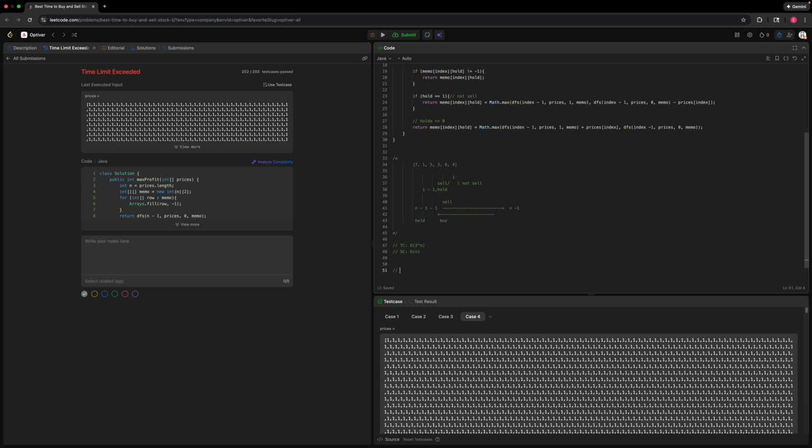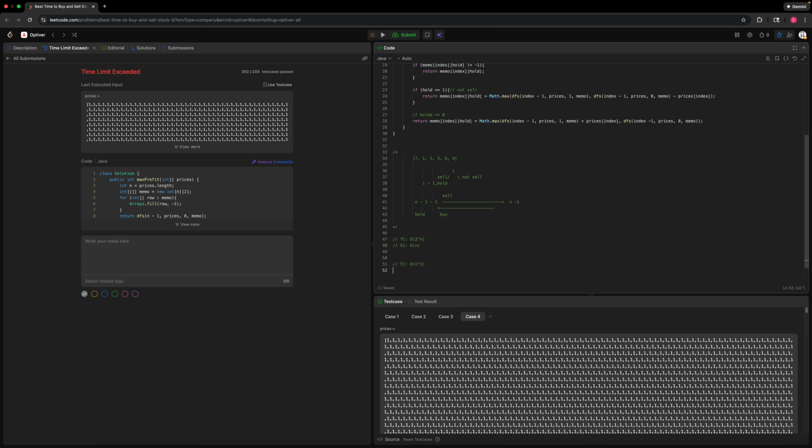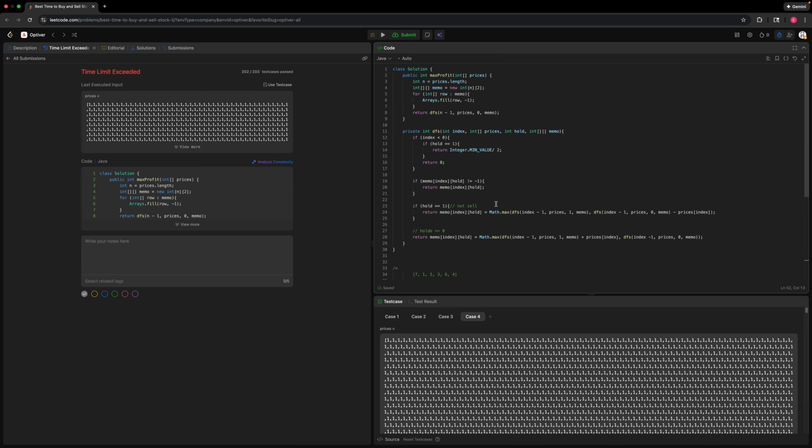So many ones. The time complexity will change. If you use the memory, the time complexity will be n squared. Space is also changed to n squared. Okay, so maybe we can change it this way. I'm not sure whether this works. Let's see.